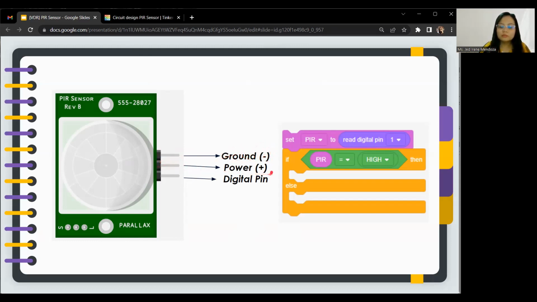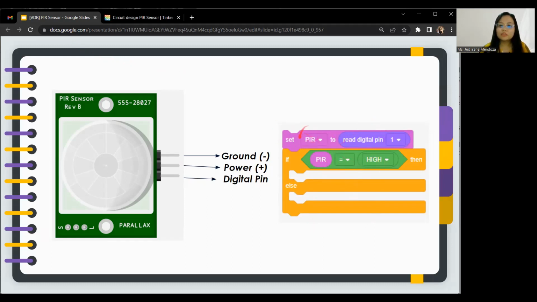The middle pin right here must be connected to the power pin, which has positive charge. And then the pin on the left side, or the last pin right here, must be connected to the digital pin. We will use the digital pin for programming later on. Then this is the code structure of how we are going to program the PIR sensor together with the other components.